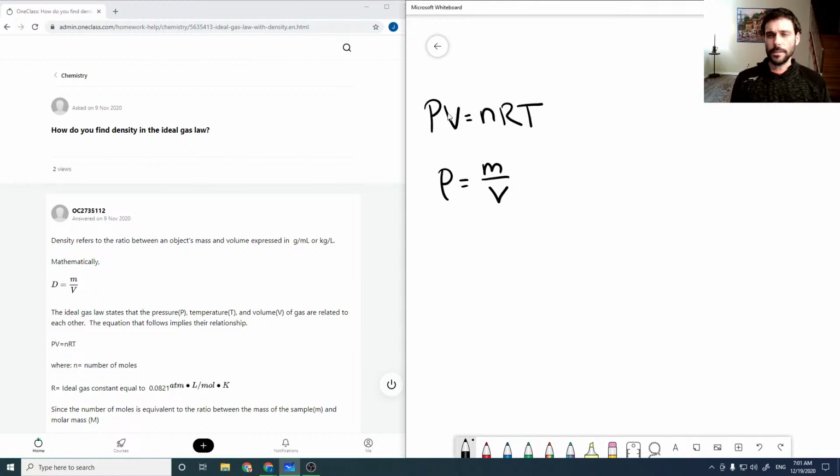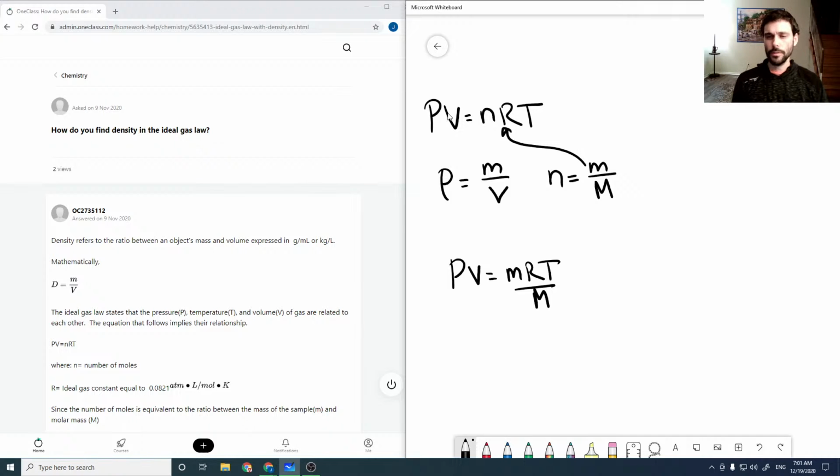So we need to get mass in our ideal gas law. So our number of moles is mass over molar mass. So we can put that in. So inserting this into here, we have PV equals mRT over M.